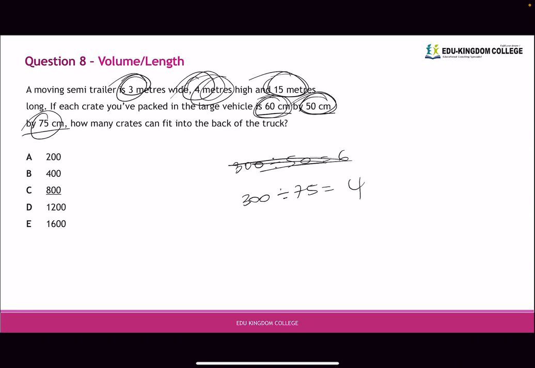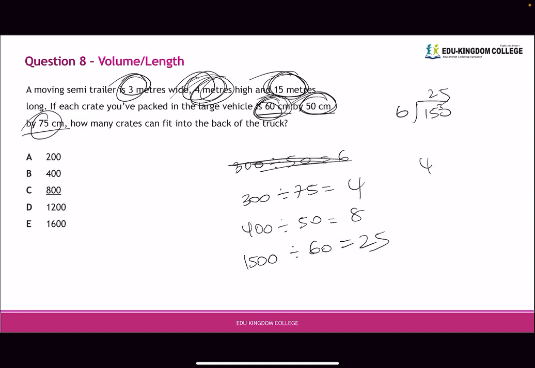I'm going to put 50 and 4 meters together. So 400 divided by 50 equals 8, and 60 and 1500. 1500 divided by 60 should give me what? 150 divided by 6 is 25.